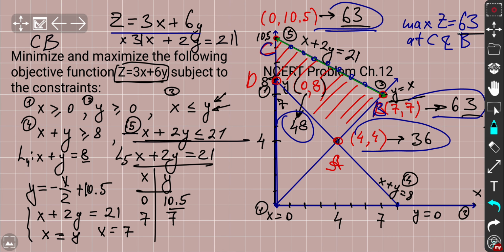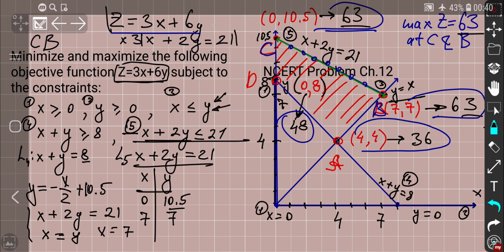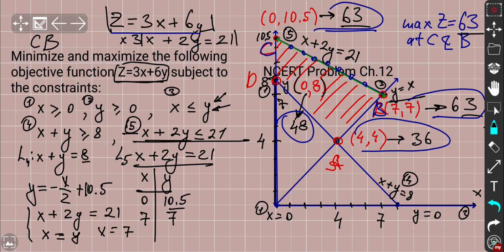So before trying to solve, have a look at your z function, okay? And have a look at any segment. Maybe any inequality here can be turned into the equation of a line. So here, if you compare with line 5, x plus 2y equals 21, and multiply everything by 3, you'll get your z function, 3x plus 6y, which will be equal to 3 times 21, 63.